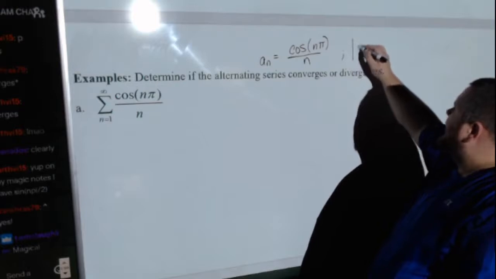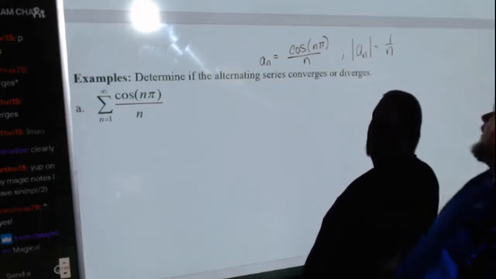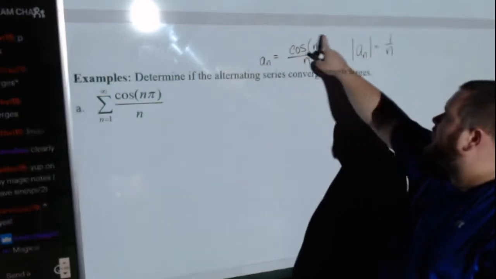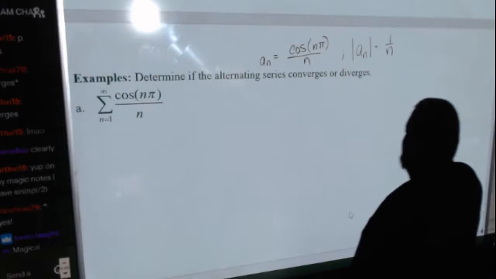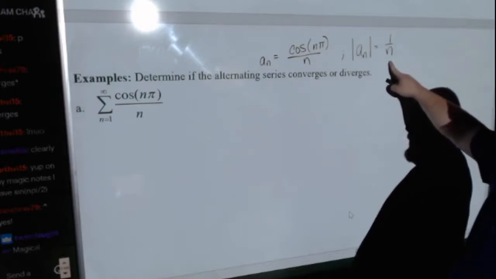The absolute value of a sub n is 1 over n, because the absolute value gets rid of the alternating portion, which is cosine n pi. Right? If that thing goes between 1 and negative 1, and I take the absolute value of it, it's always going to be 1. So I've got 1 over n here.